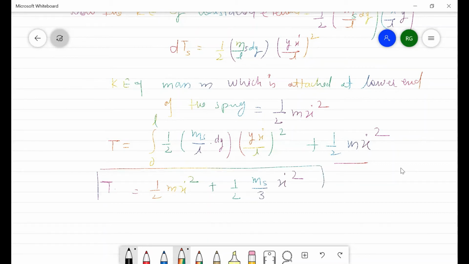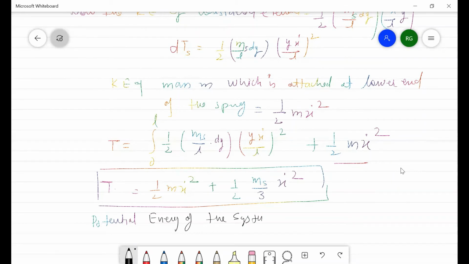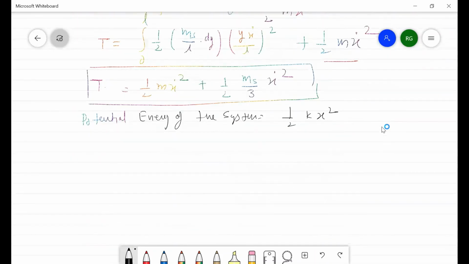Now we know that the potential energy of the system is equal to half k x square. This spring mass system will perform simple harmonic motion. The solution for the simple harmonic motion can be given as x is equal to capital X sine omega n t.